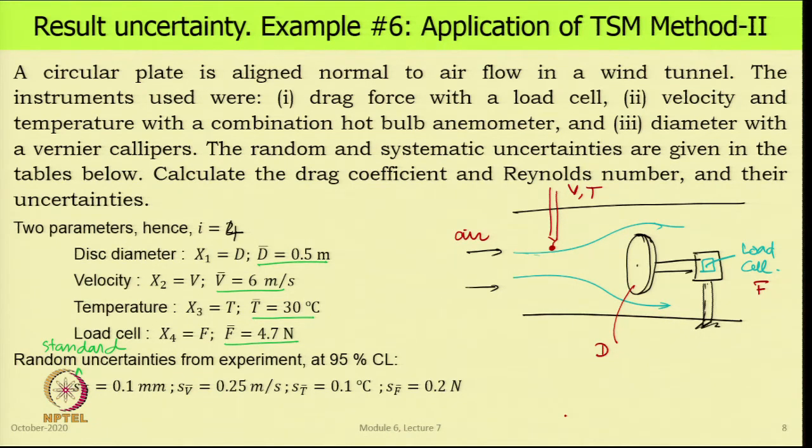So, the way we will calculate the drag coefficient, the definition of drag coefficient is force divided by half rho v square times the projected area normal to the flow, which in our case is pi d square by 4. So, this will become 8 F by pi rho v square d square.